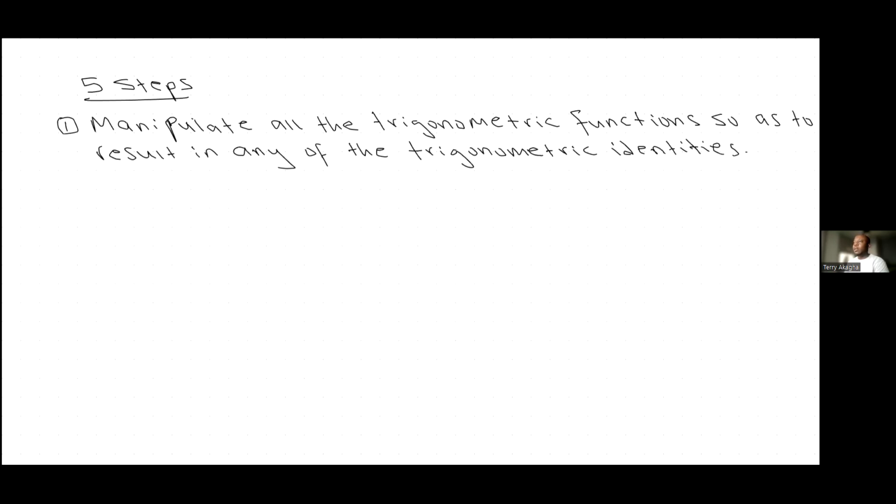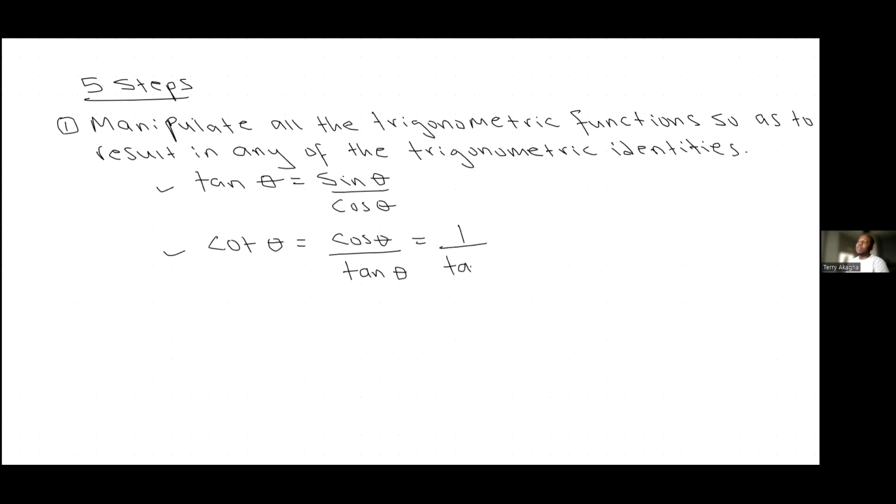It could be either you do it so that you get tan theta, which is the same thing as sine theta over cos theta, or you can manipulate it so that you have cot theta, which is the same thing as cos theta over sine theta, or you can say the same thing as 1 over tan theta if you prefer that.